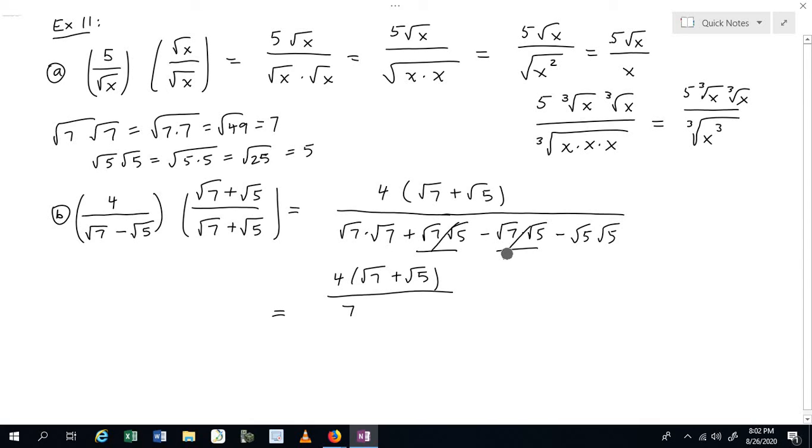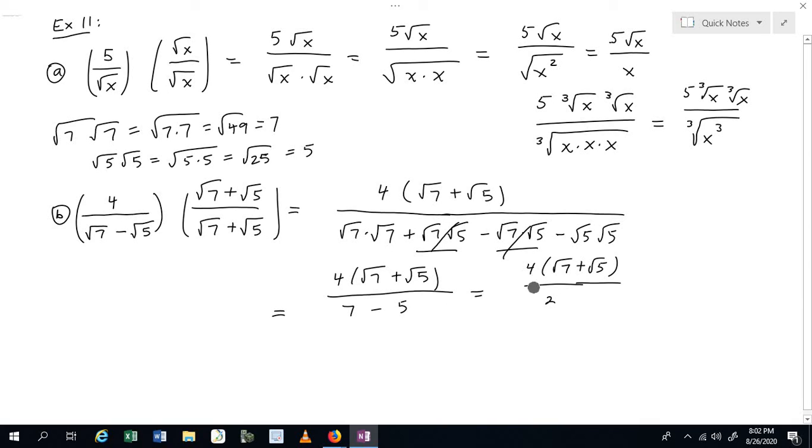These cancel out, and then this becomes 5, so minus 5. And then 7 minus 5, of course, is 2. And so we no longer have a radical in the denominator. So by multiplying this by its conjugate, we were able to get rid of the radicals in the denominator.